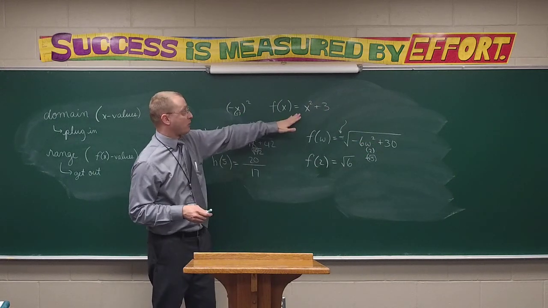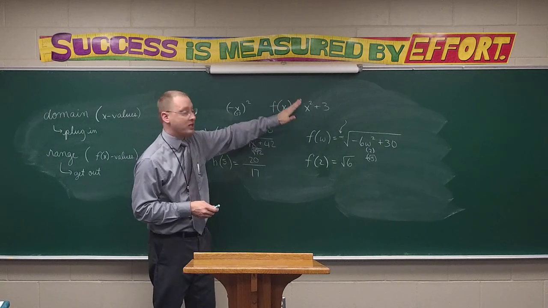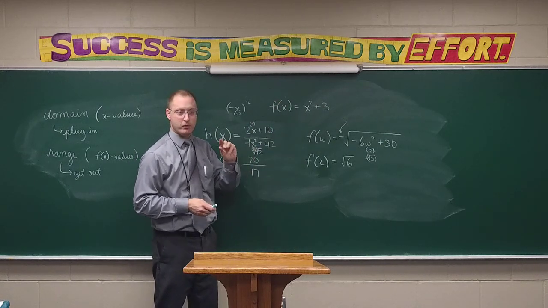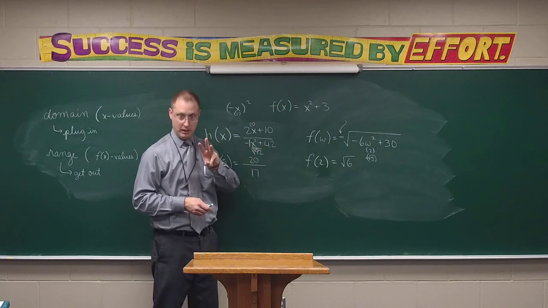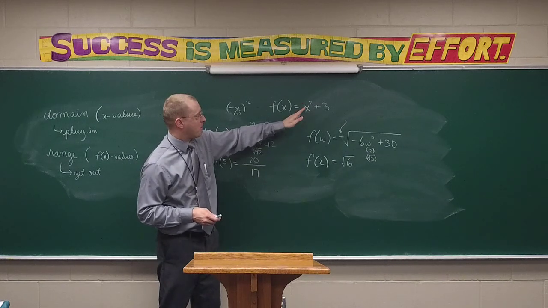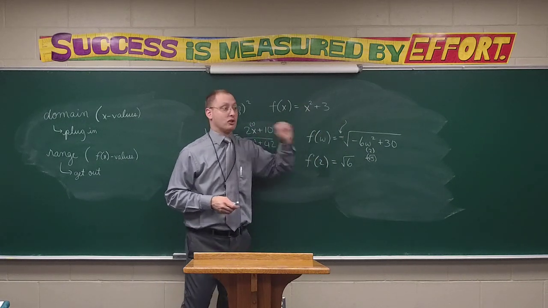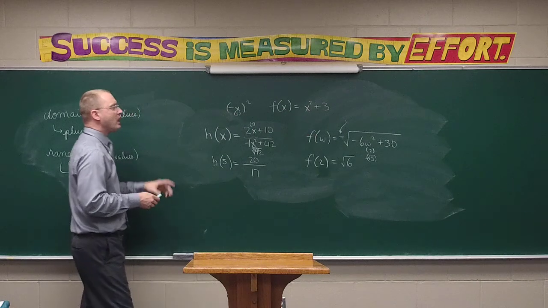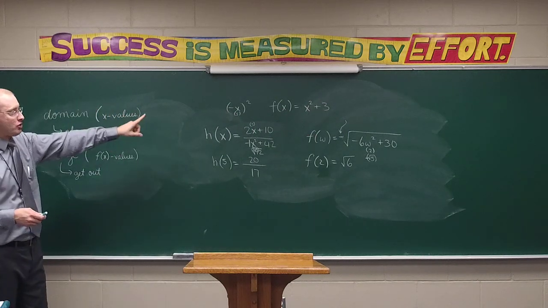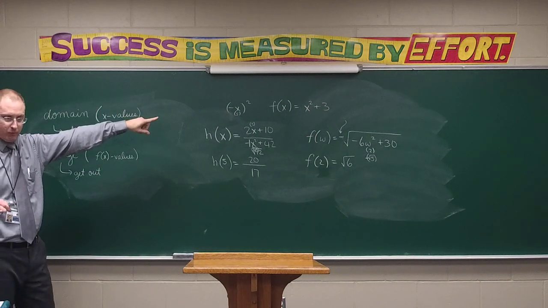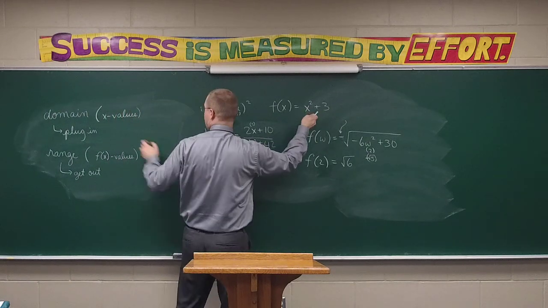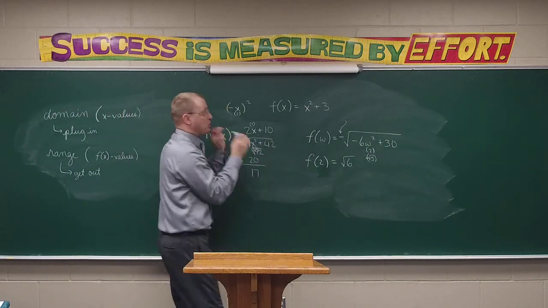But it doesn't matter what you plug in, you're always going to get at least a 3, right? If you plugged in a 0. Anything bigger than 0 just makes the number get bigger and bigger until eventually you get theoretically to infinity. That's all you can get out of that function. Make sense? You can plug in whatever you want. There's no limitation on the domain as far as what you plug in.